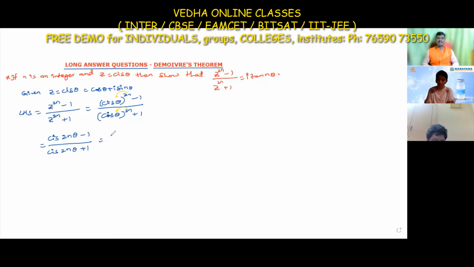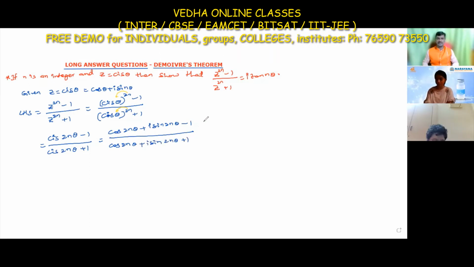Now expand the cis. What is cis 2n theta? Cos 2n theta plus i sin 2n theta. So we have (cos 2n theta plus i sin 2n theta minus 1) divided by (cos 2n theta plus i sin 2n theta plus 1).